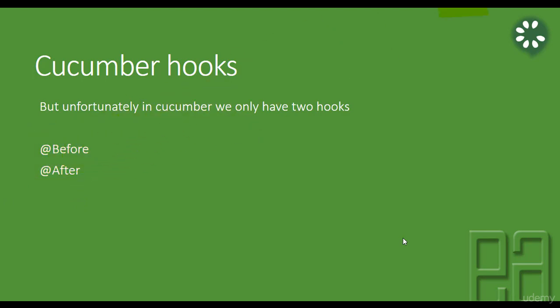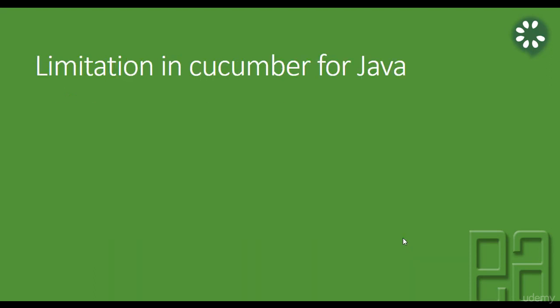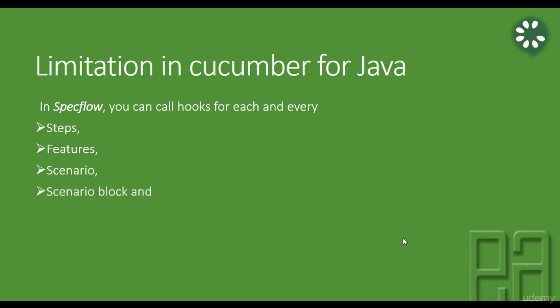So these are the only two hooks available in Java, and we don't have these different types of attributes that you are seeing right here. So this is the limitation for Java. In SpecFlow, you can call the hooks for each and every step, feature, scenario, scenario block, and the whole test run itself. But it is not completely possible with Cucumber for Java.